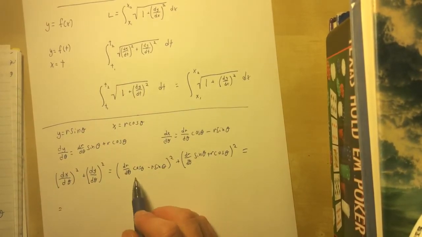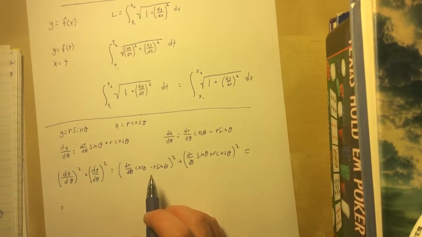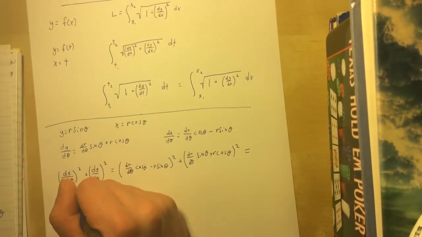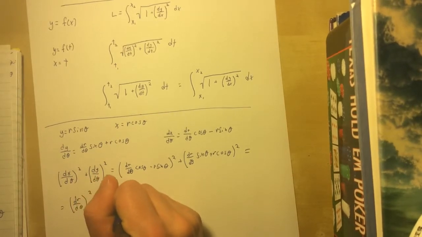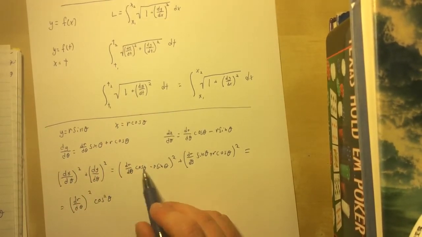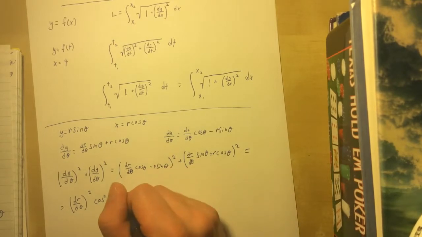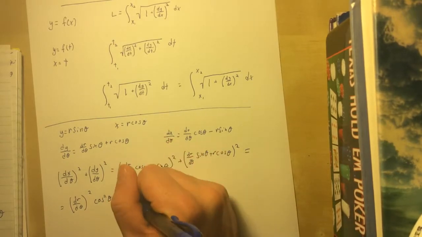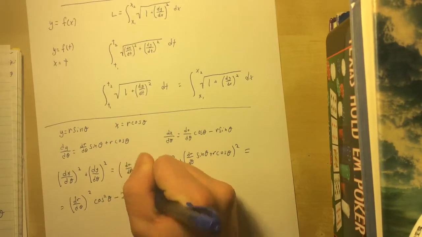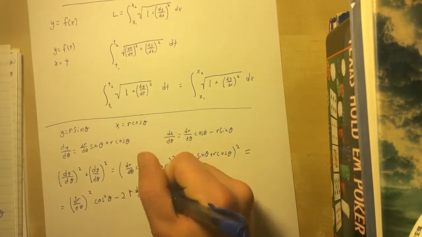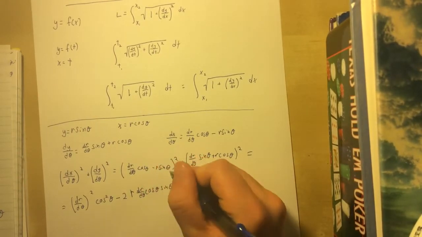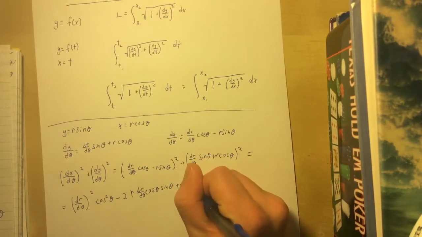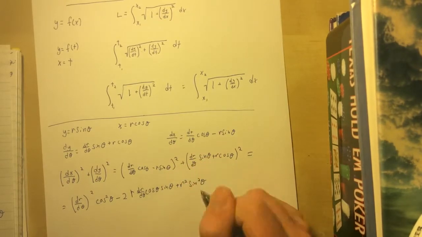Multiply it out and do some algebra. The first square gives dr d theta squared cosine squared theta, then 2 times the product of the two terms, so minus 2 r dr d theta cosine theta sine theta, and then the last term squared gives a positive r squared sine squared theta.